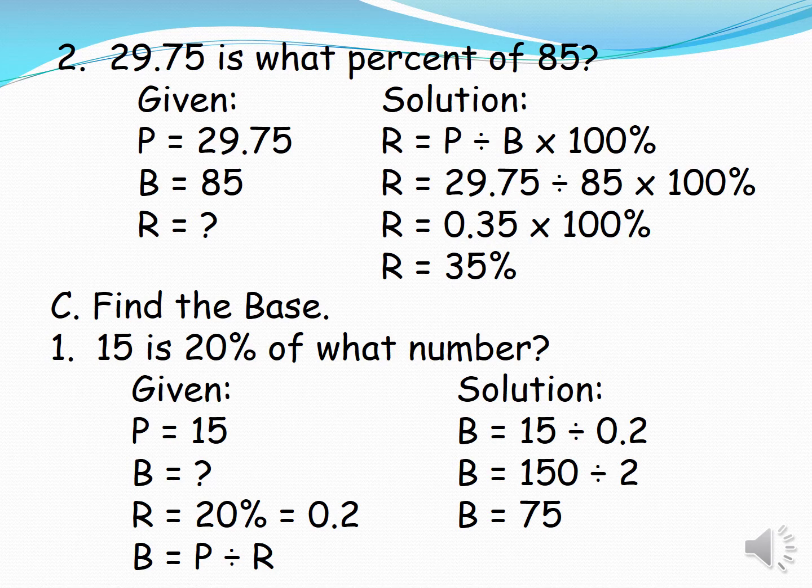So our solution: we have 15 divided by 2/10. So base is equal to 150 divided by 2, because we change first our decimal divisor into a whole number. Then we affix 10 to our dividend to make it equal. So we have 150 divided by 2 is equal to 75.